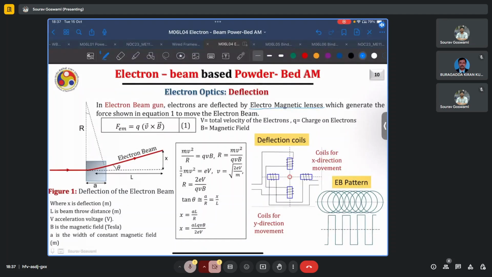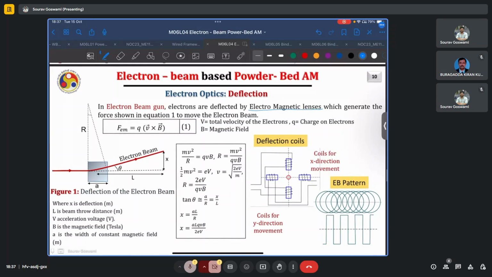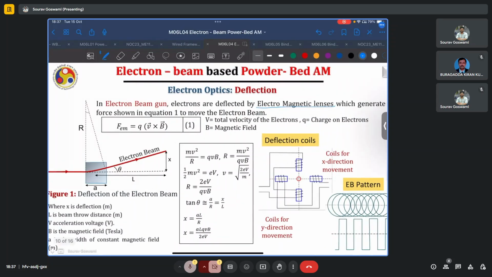For the scenario shown here, the direction of V is to the right. And to effect the deflection as shown here by the angle theta, the direction of the magnetic field has to be into the plane of the slide.